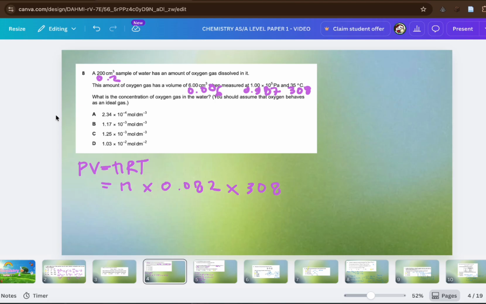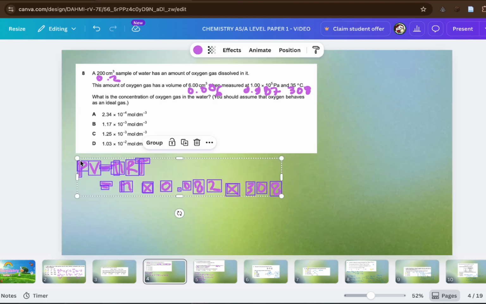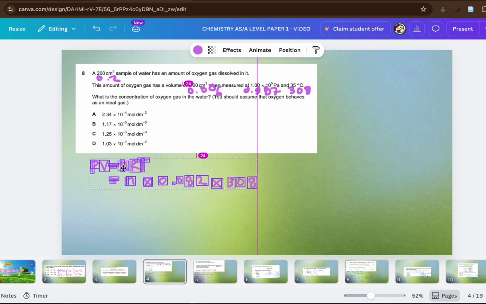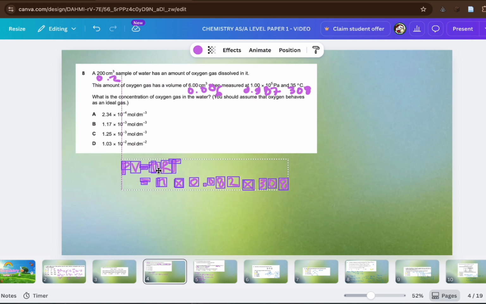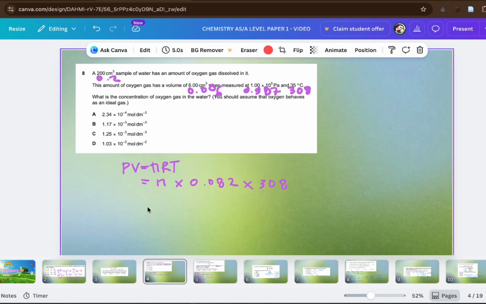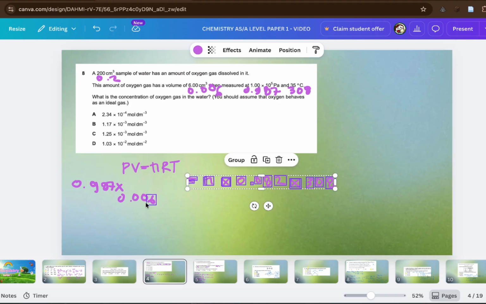All right, now we put in the pressure and volume. Let me increase the size over here. Pressure is 0.987 multiplied by the volume, which is 0.006. Let me just squeeze this, let me move it here.